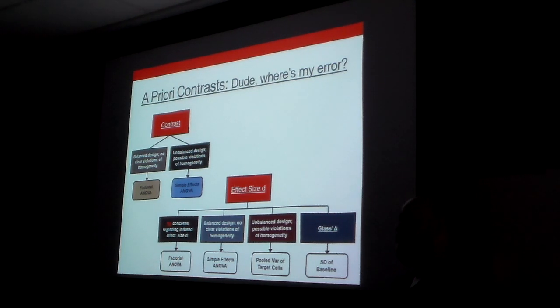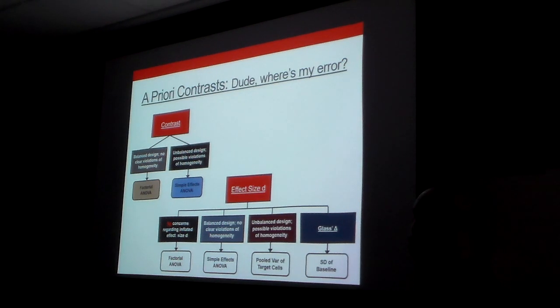Right? There's just too much stuff going on. It's too problematic. If you've got a perfectly balanced design, variability doesn't look bad, everything looks the same, then cool, go ahead and do that. But in real applied research, that usually doesn't happen. Usually, if you've got unbalanced designs, possibility of violations of homogeneity of variance, this is going to be your more conservative option.